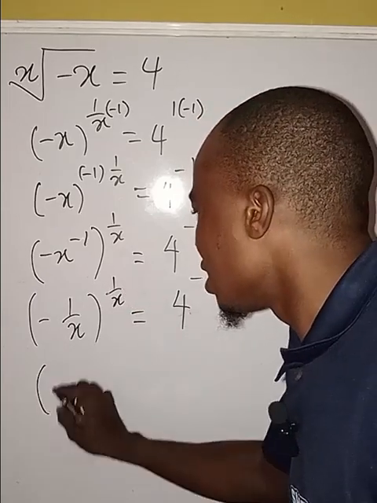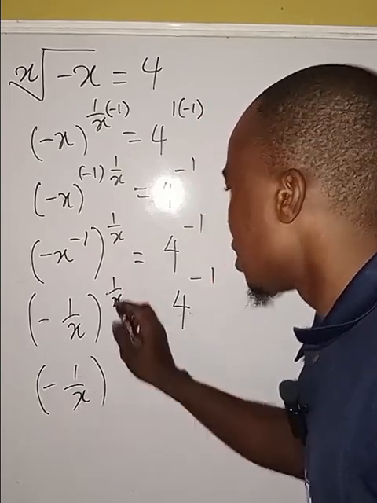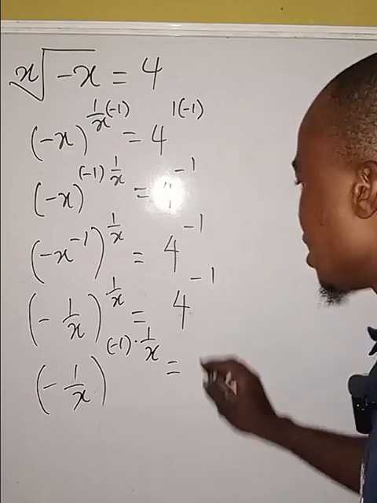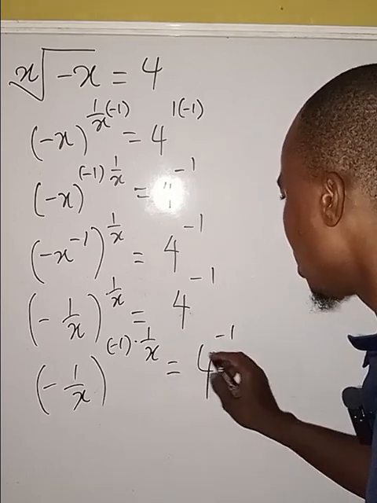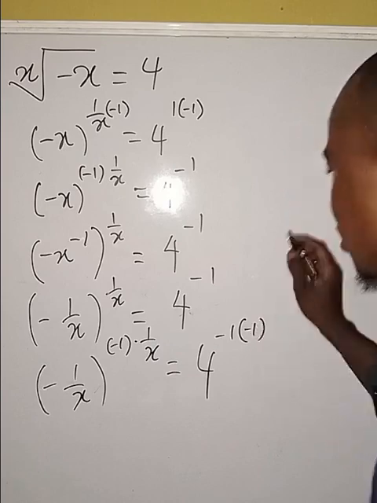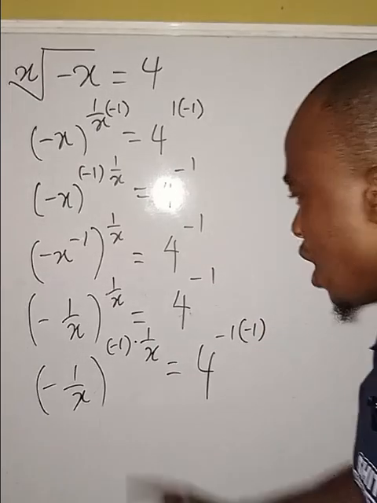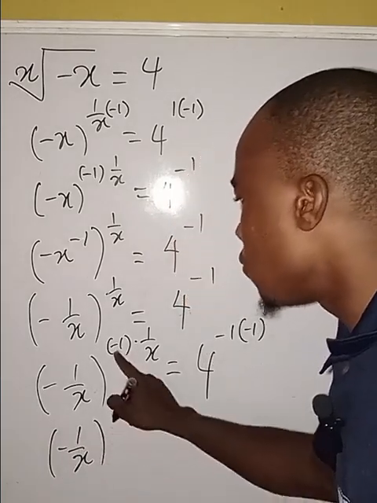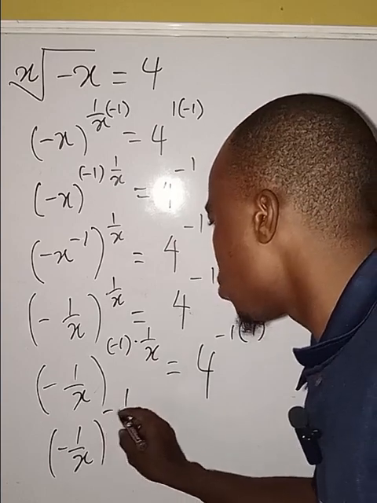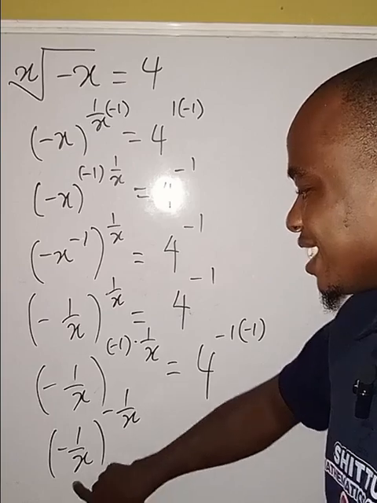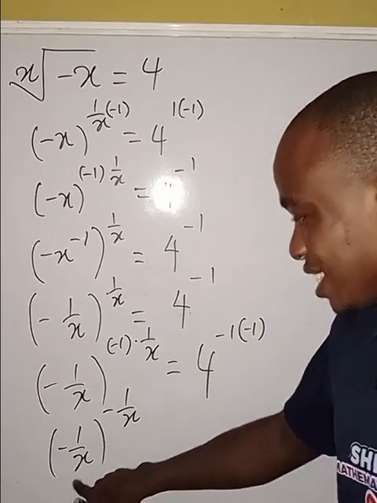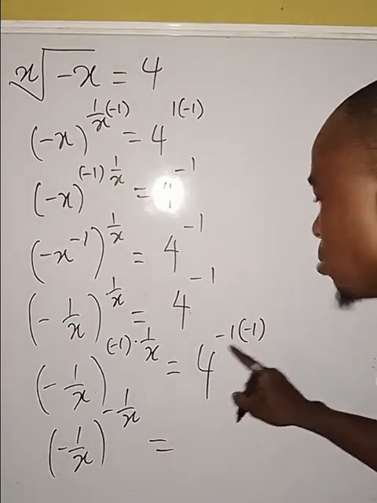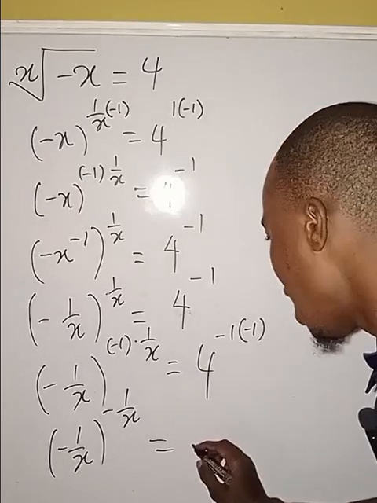So this is going to be minus 1 over x, then minus 1 multiplied by 1 over x again, then here 4 to the power of minus 1, then multiplied by minus 1. Are you getting it? So now from here you can see that I'm going to have minus 1 over x, then to the power of minus 1 times this, you're going to have minus 1 over x, which is telling us that the base and the power are now the same. Then here, minus 1 times minus 1 is going to be 1, then we are going to have 4.